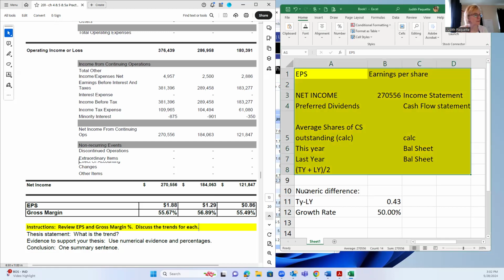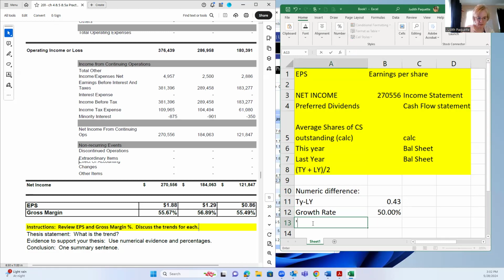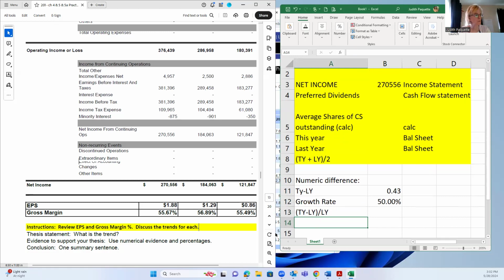So we're doing the first set, the numeric difference here, and we're saying $1.29 minus 86 cents is a 43-cent growth. And then I'm saying, what's the growth rate? Well, that's that 43 cents divided by the old number. And growth rate is equal to this year minus last year divided by last year. And of course, we multiply by 100 to get that percent. Okay, and that's how I got this number.